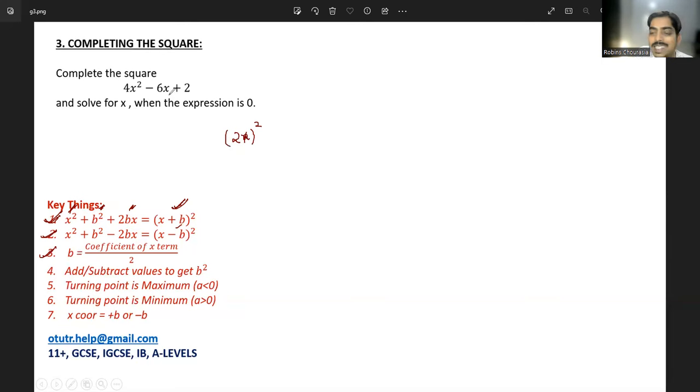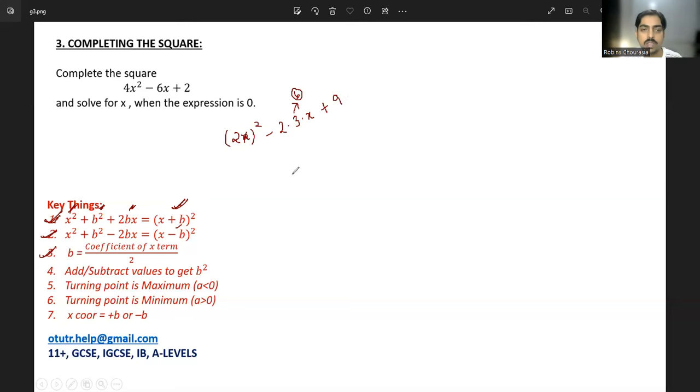Then you have 6x, which is actually minus 2 times 3 times x. I have written it in the format 2bx. So b is 3. Basically, I need to have a plus 9 here, so I just put a plus 9.